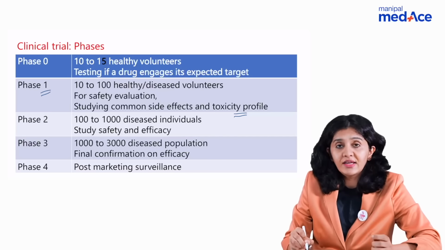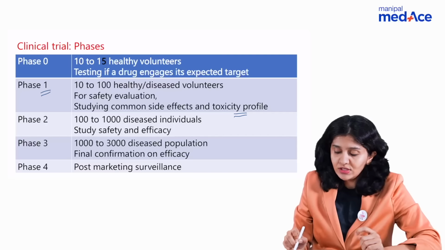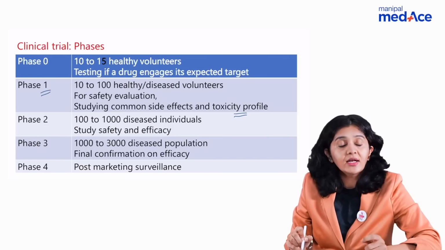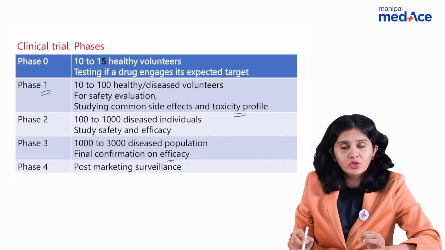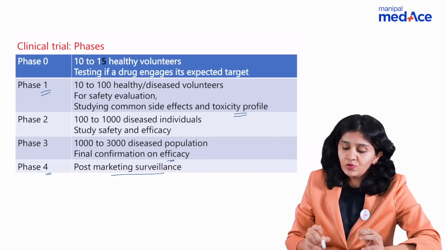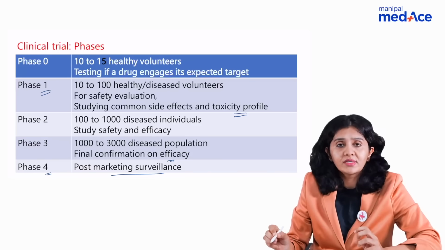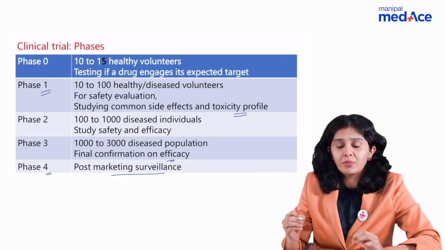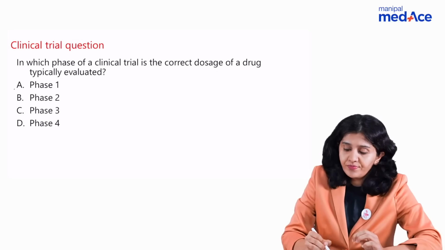Here we study the safety and efficacy of the drug. Phase 3, 1000 to 3000 diseased population. This is the final confirmation on efficacy. Once phase 3 is clear, it goes into the market, right? Phase 4 is post-marketing surveillance. So where do you study the drug dosage, toxicity profile, common side effects, highest dose which can be given? It is phase 1. So the correct answer is phase 1.